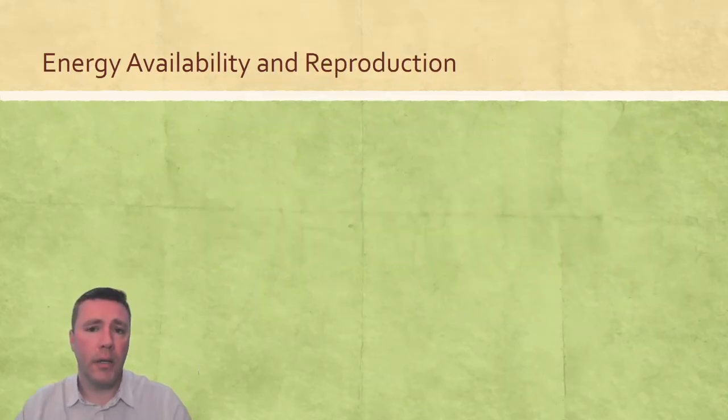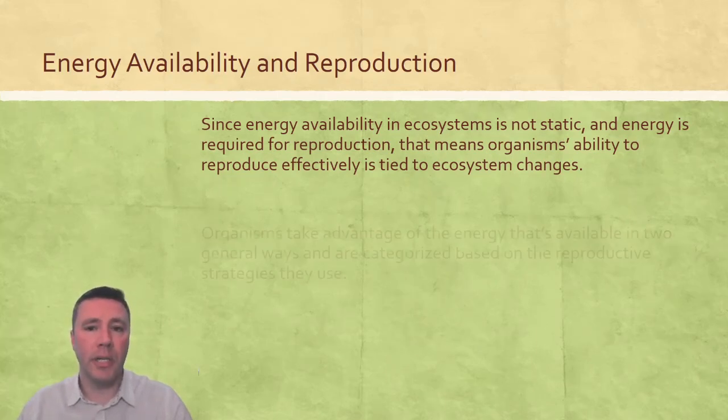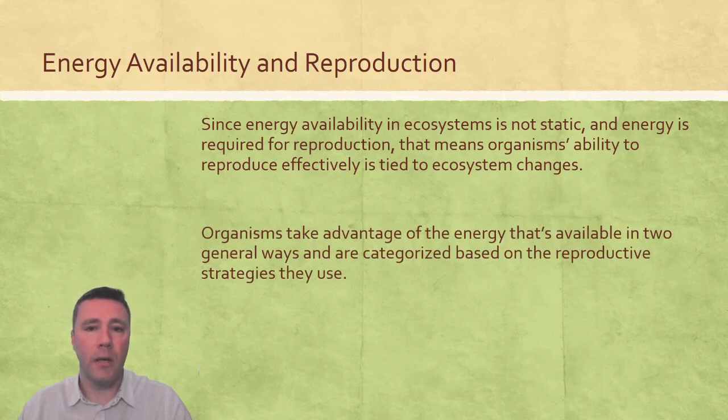Finally, let's take a look at a few strategies that have evolved in organisms to take advantage of what food is available in an ecosystem. Because energy availability in ecosystems is always in flux, and energy is required not only for survival but reproduction, an organism's ability to create offspring effectively is directly tied to those kinds of changes that take place in ecosystems.